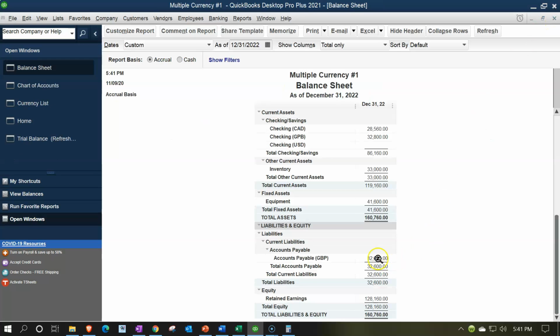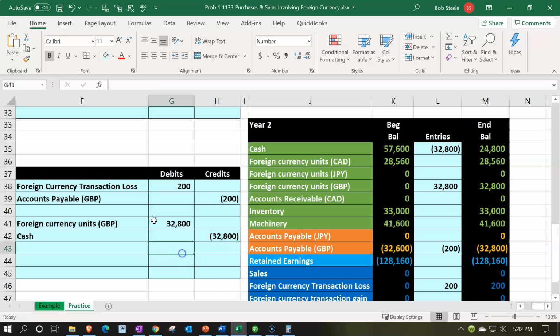Now, we haven't adjusted this amount, the accounts payable, as we did in Excel. In Excel, we're going to do this in a two-step process when we actually make the payment. In QuickBooks, I won't do this second step. We'll just make the payment, and it'll record this kind of loss adjustment in one step at that point in time. So we have not done this one.